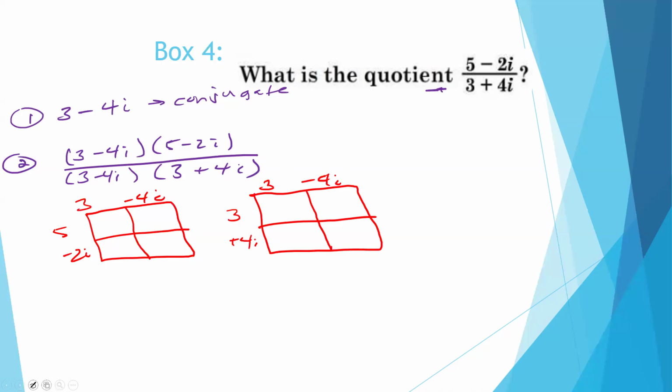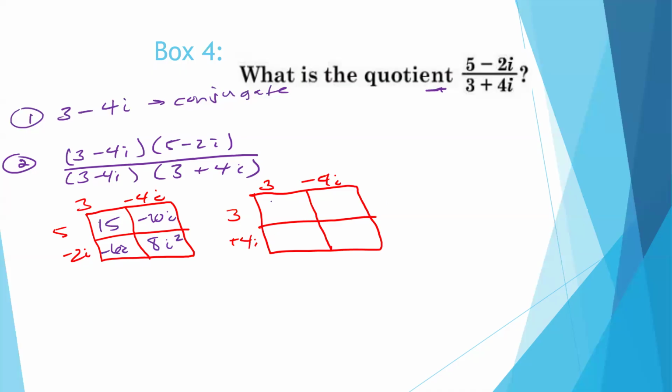And now my job is to multiply, fill everything in. 5 times 3 is 15. 5 times negative 4i is negative 20i. 3 times negative 2i is negative 6i. Negative 2i times negative 4i is 8, and i times i is i squared.